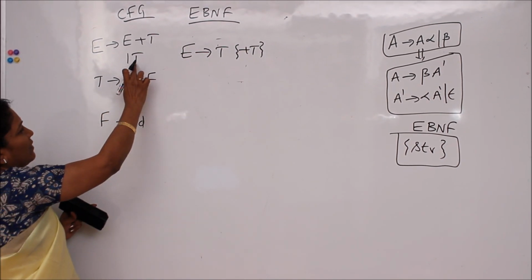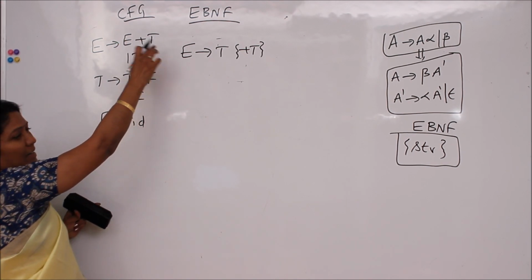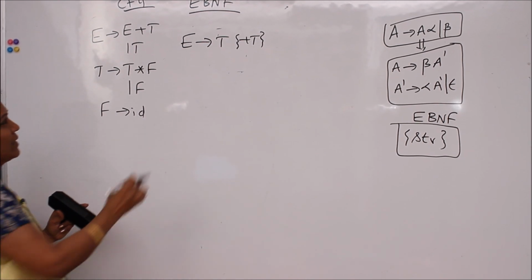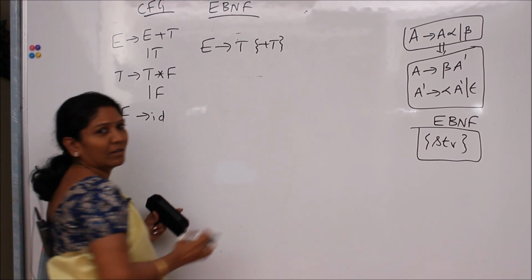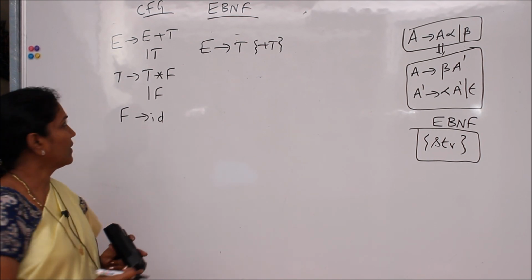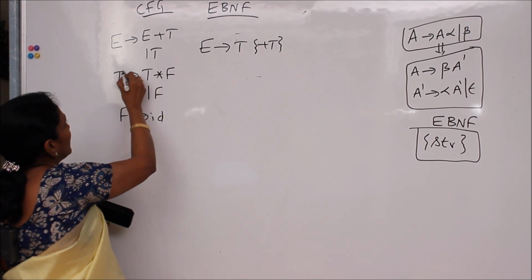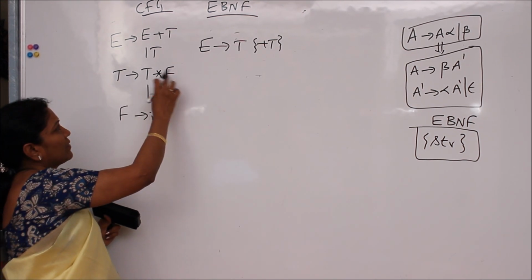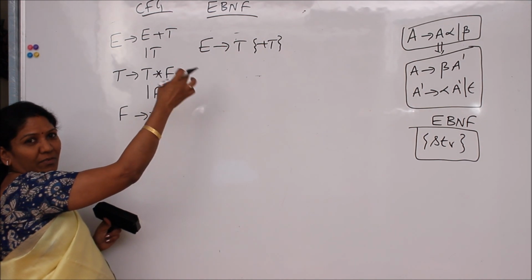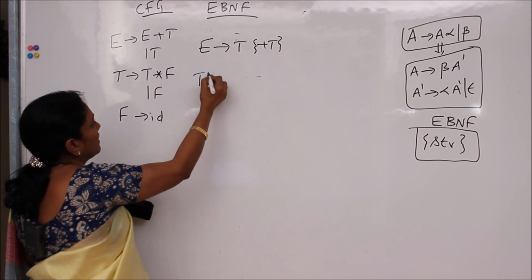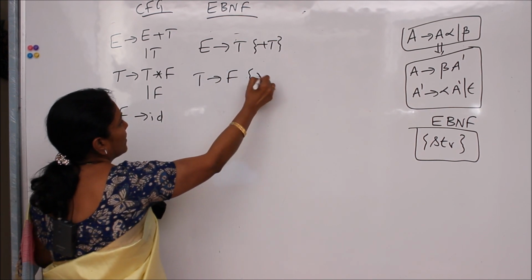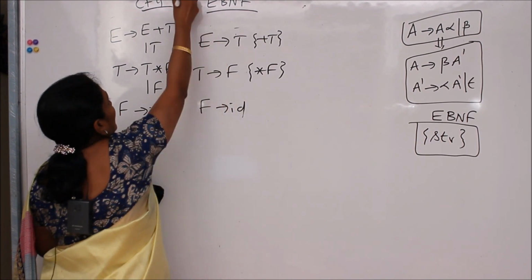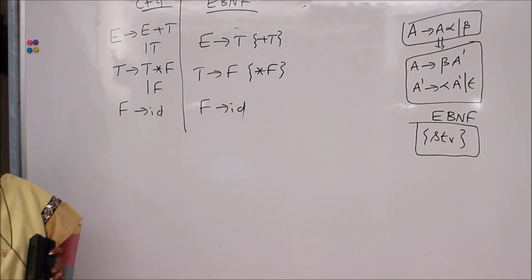That takes care of defining 1 T or 2 T's or 3 T's or 4 T's, like T plus T, T plus T plus T and so on, because the meaning of this is 0 or more occurrences of plus T. Similarly, if I take the second production, T to T star F or F, it can be F, or F star F, or F star F star F and so on. So in simple, I can say T can be F {star F}, whereas F can be id. So this is the EBNF notation.